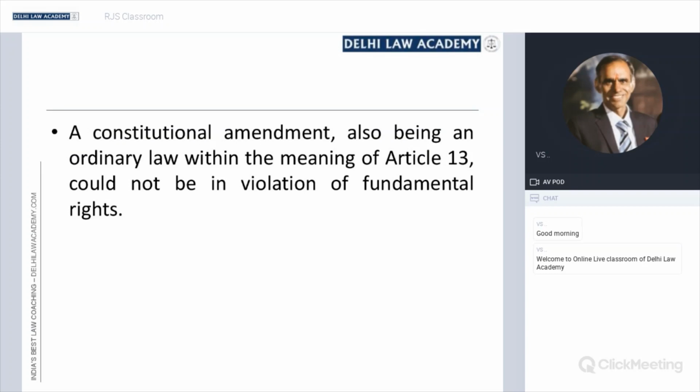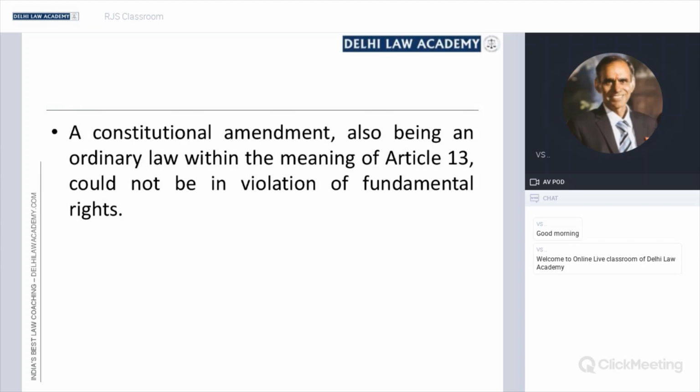Constitutional amendment, also being an ordinary law within the meaning of Article 13, could not be in violation of fundamental rights. And if it falls under Article 13, obviously, then it cannot take away or abridge any of the fundamental rights. This is the finding in Golaknath's case. Now, this completely took away the power of the Parliament to amend any of the fundamental rights.